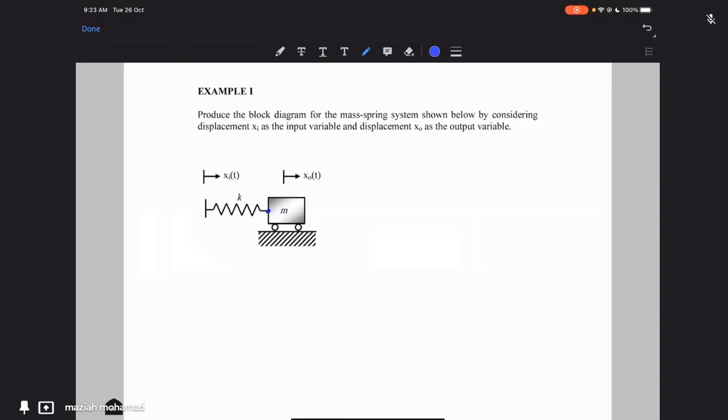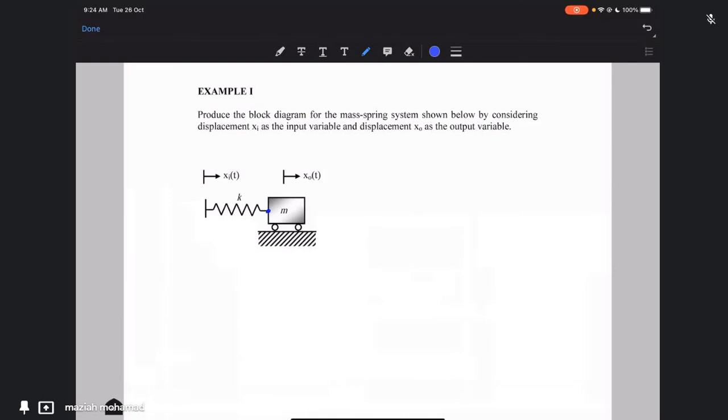The first step is to determine what the input to the system is and what the output is: what type of input we apply, and what output we want to see.